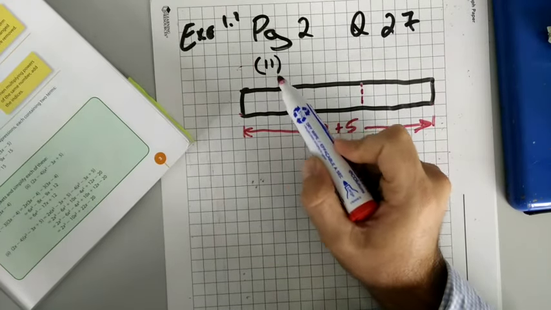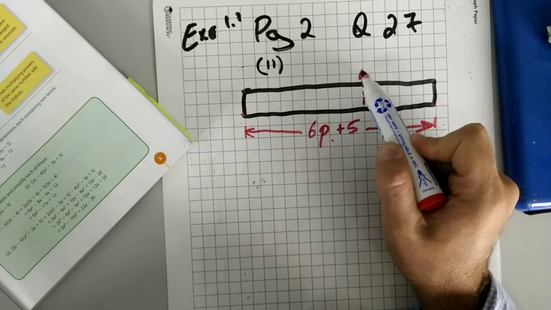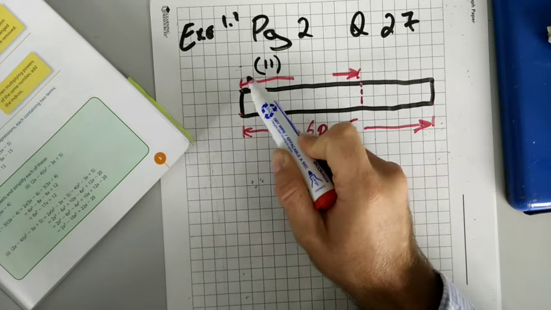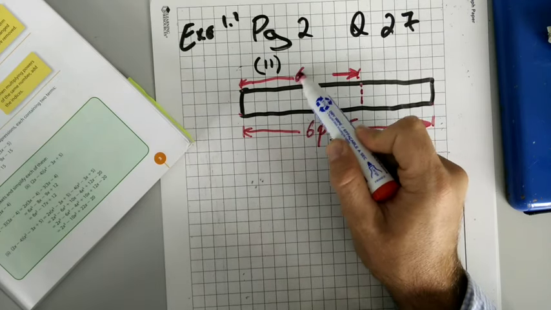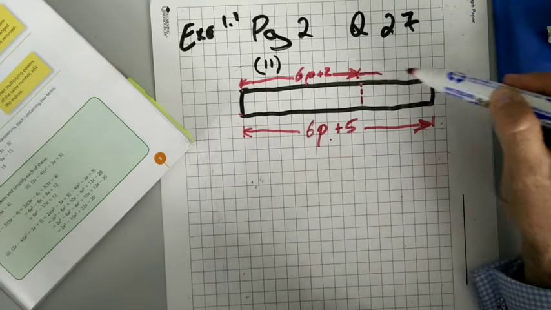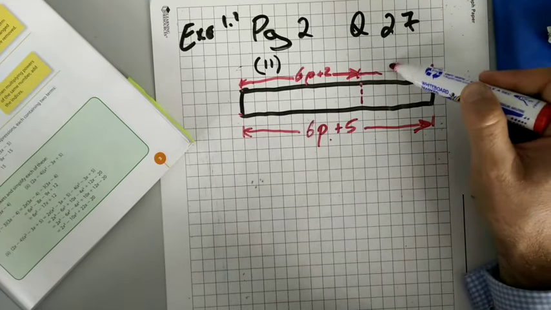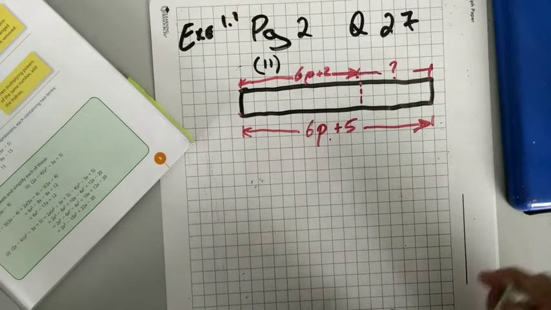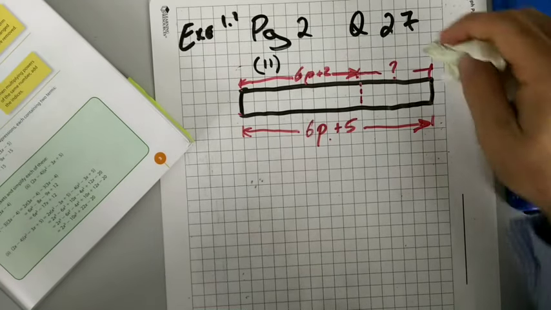And then they've got the same written up here, except it's from here to here. And the length of this piece of wood is 6p plus 2. And the whole idea of the question here is to figure out how long is this chunk of wood here.